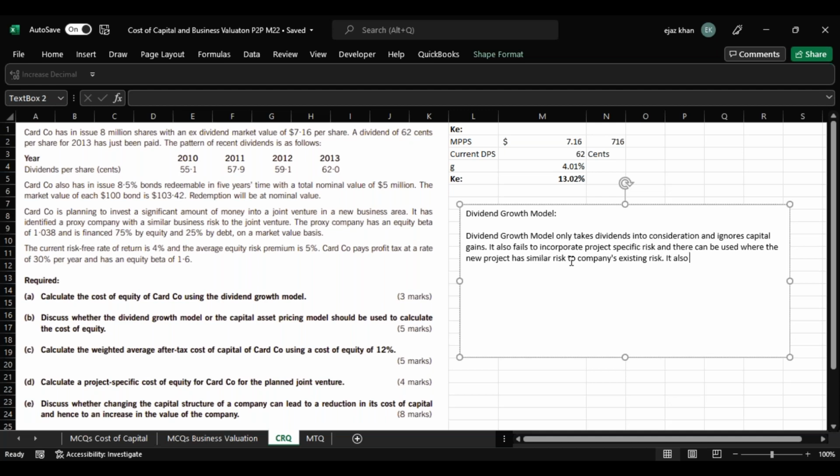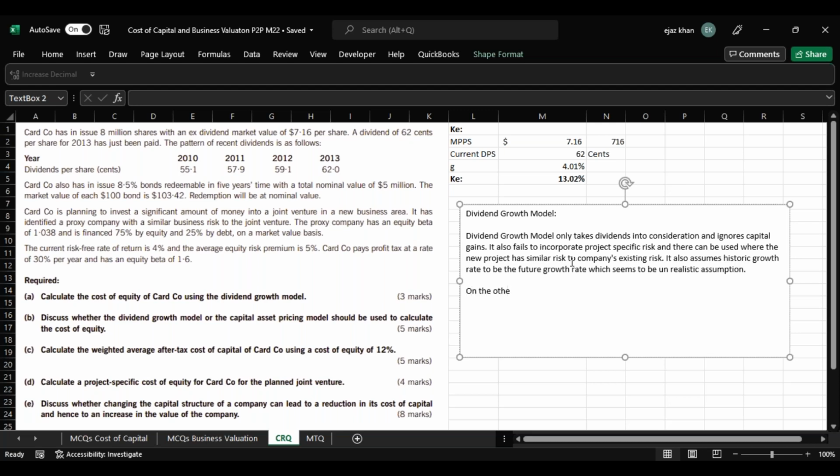It also assumes the historic growth rate to be the future growth rate, which seems to be an unrealistic assumption.